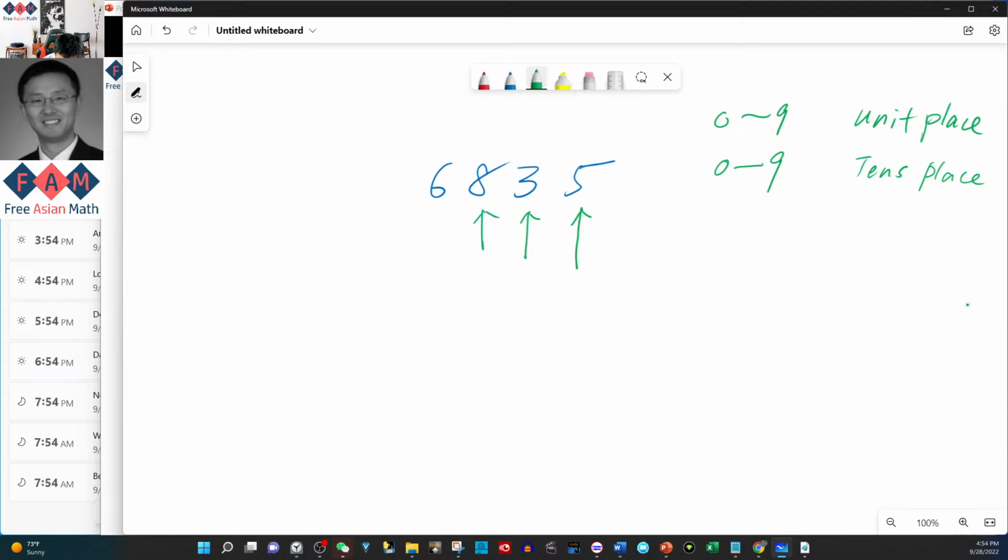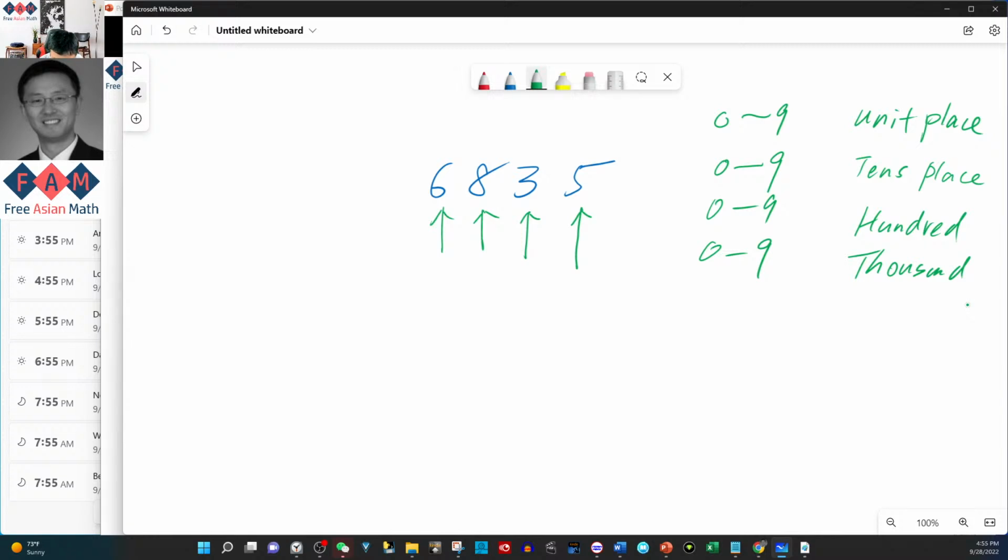You already know that, I'm sure. So you have hundreds place and thousands place. And each time you only need from 0 to 9. So this is called a positional system because each digit has a position and holds a place value.